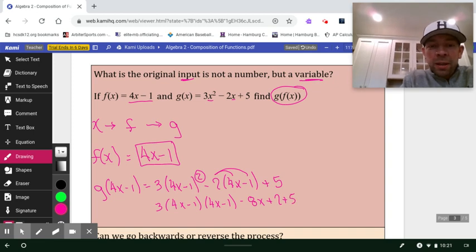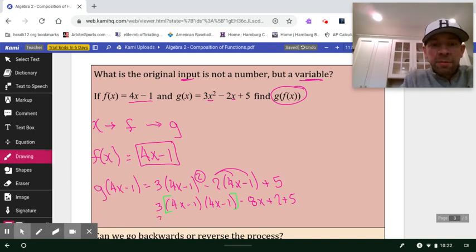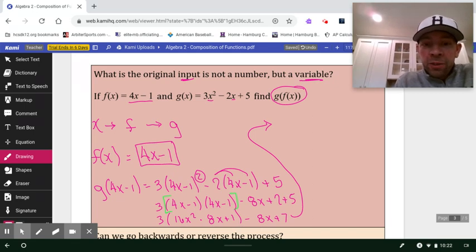But so now what I'm going to do is FOIL these two right now. And that's going to leave me with 16x squared minus 8x plus 1. I think I might as well combine the 2 and the 5 while we're at it. And then I'm going to swim upstream here. So I'm going to distribute the 3 to make that 48x squared minus 24.